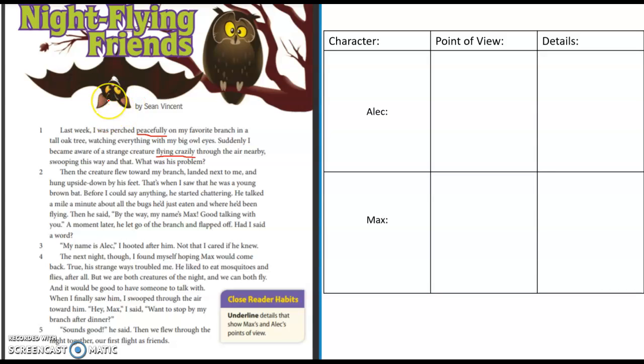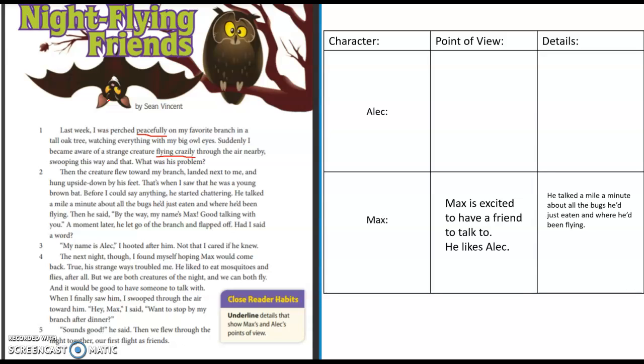So Max is the bat. And I can tell that Max is excited to have a friend to talk to, and I can tell that he likes Alec. I know this because he was talking a mile a minute. So through his actions, I can tell that he's excited. And he likes Alec.